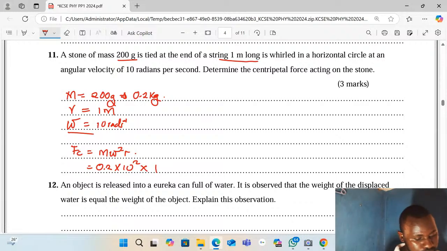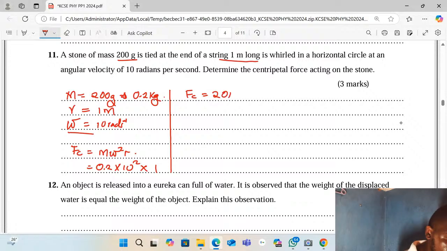Therefore, in this case, we shall get 100 times 0.2. Therefore, our Fc is equal to 20 newtons.